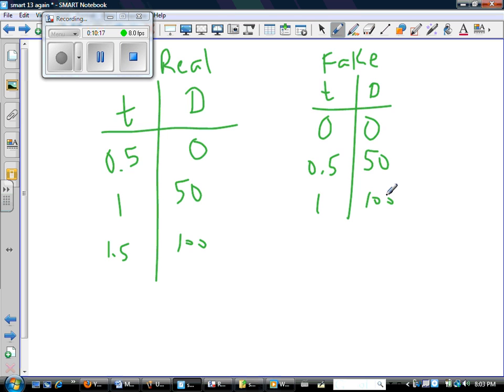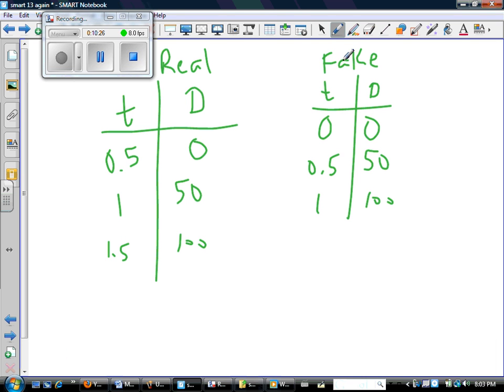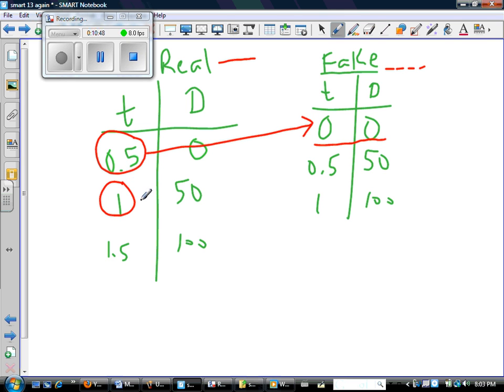So again, the dotted line is just an easier line to work with, right? There's a relationship between the dotted line, which I'm calling fake, probably could have picked a better name, and the real line, which is the solid line. If I take her real time and I subtract half an hour, then I can use this fake line.